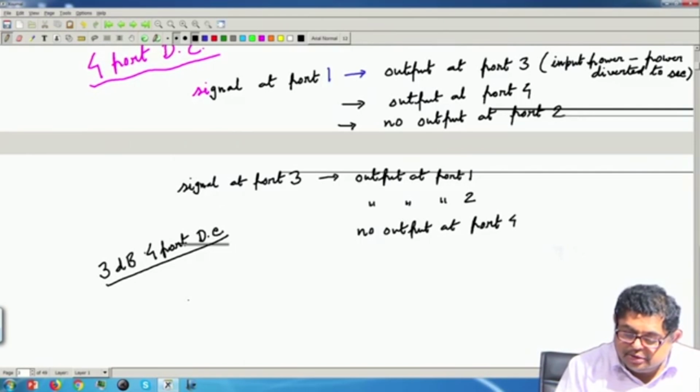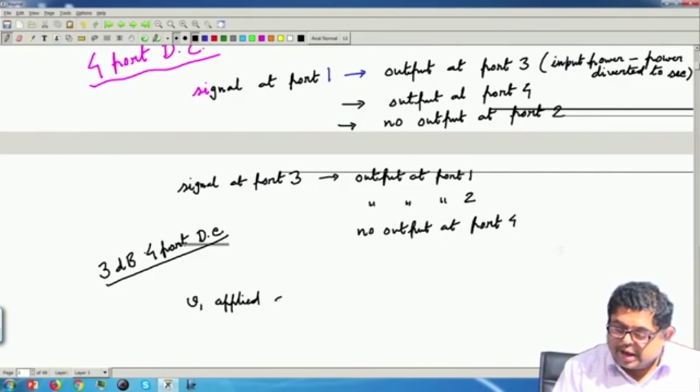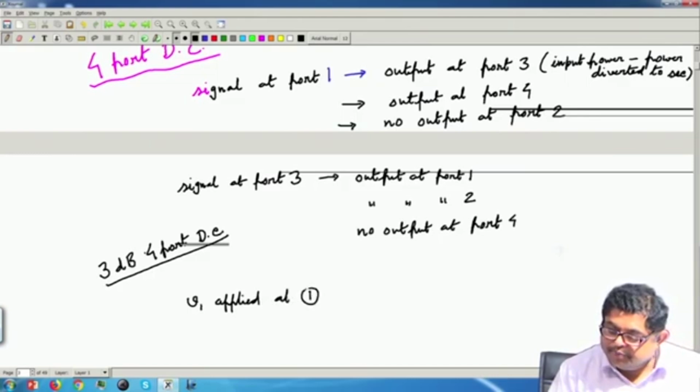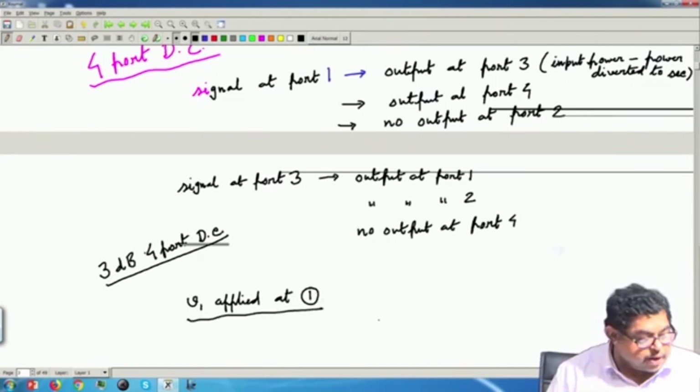So, in that scenario, let V 1 be applied at port 1, V 1 applied at port 1.